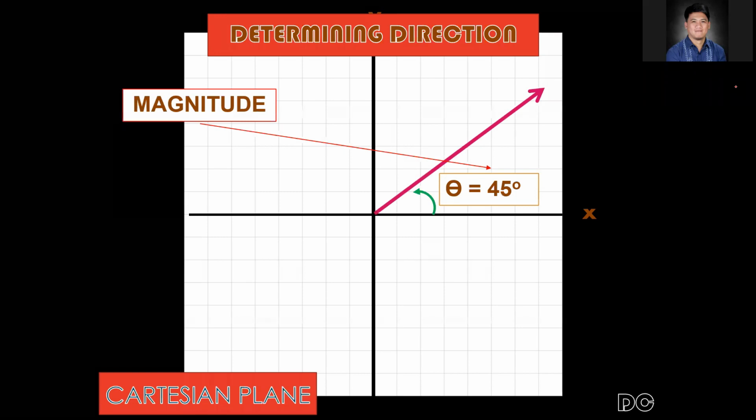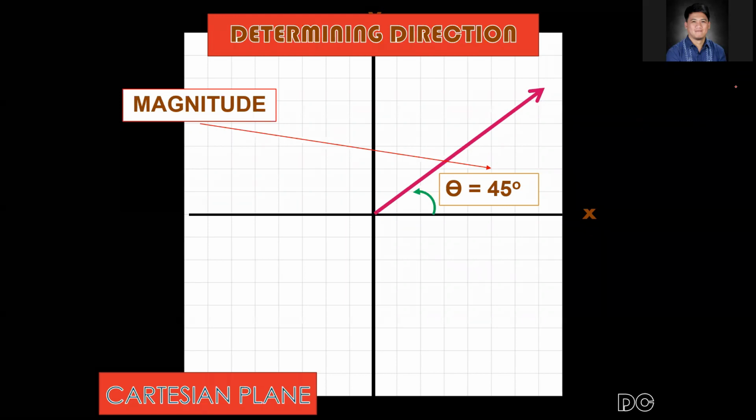Since it does not lie on the main axis, which is the x and the y axis, paano natin malalaman ang direction ng vector na ito? If kanina, it is only on the north, south, east, and west, this time it is between the north and the east. So how can we determine the direction of this particular vector?